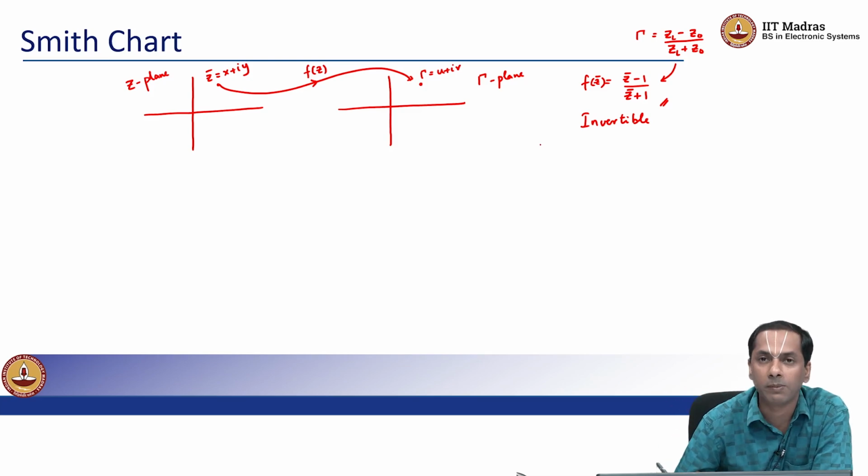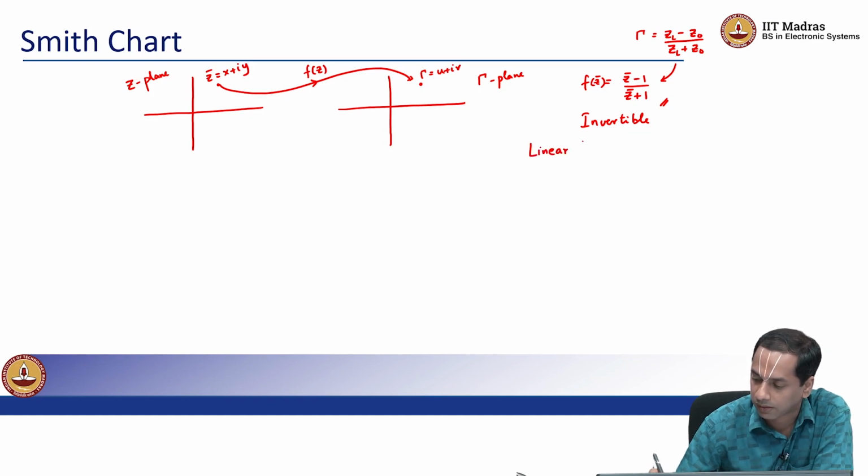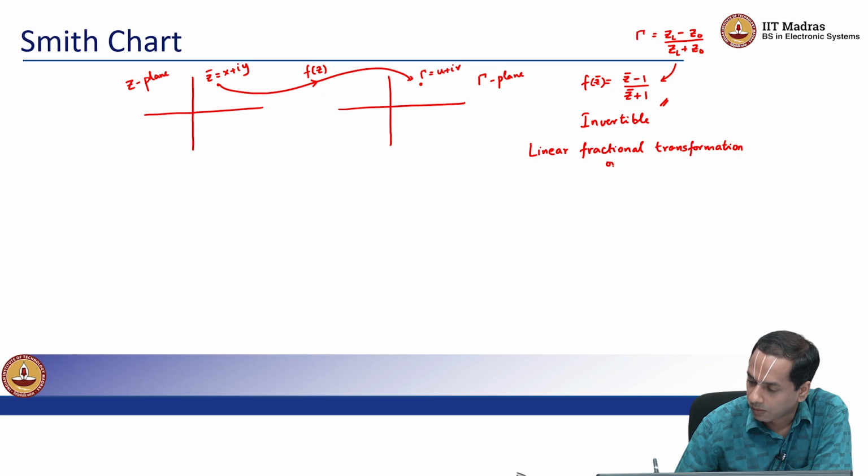There are many terms or names for this. You might hear in mathematics that this is called a linear fractional transformation, or a Mobius transformation.